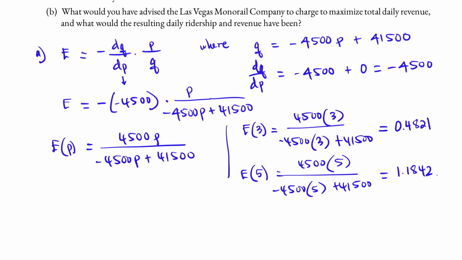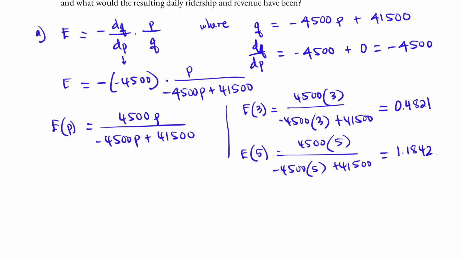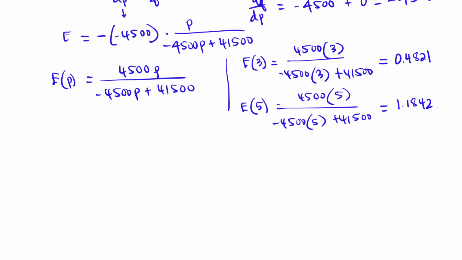We will need to find the exact price that will give us the maximum revenue, because once the elasticity is more than 1, the revenue is no longer maximized. Again, the revenue is only maximized when the elasticity is exactly 1.